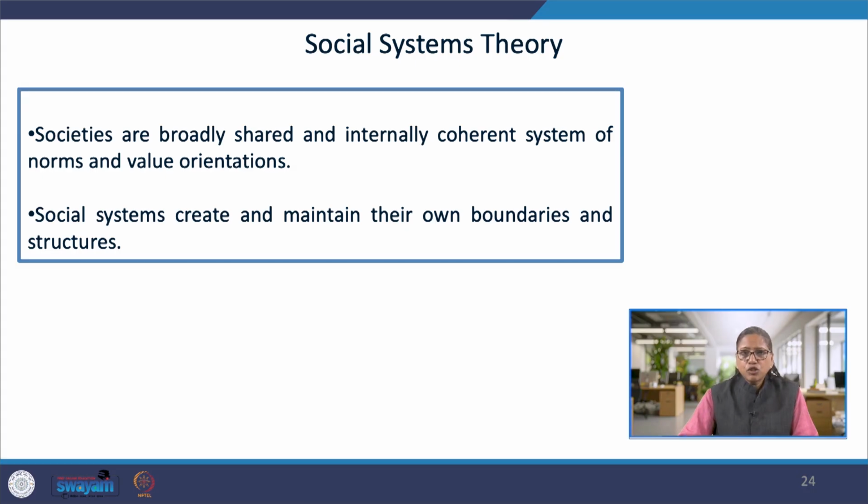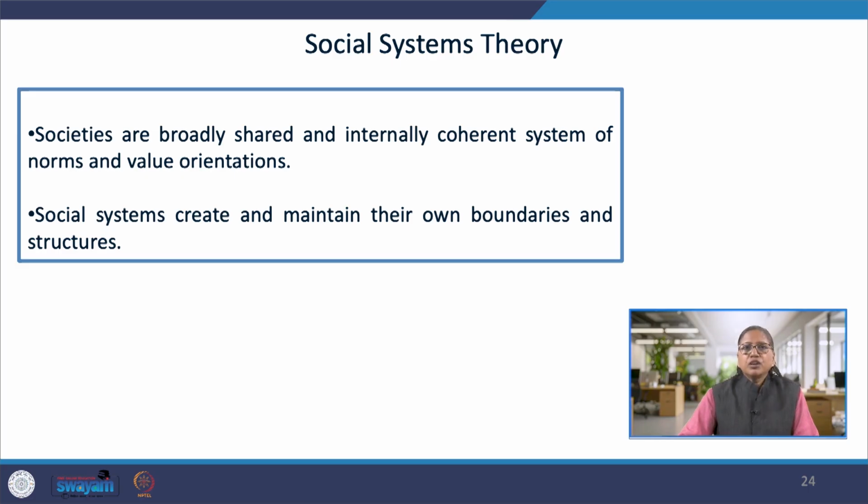It emphasized cooperation. Further, Niklas Luhmann, 1927 to 1998: social systems create and maintain their own boundaries and structures, operating with their own logic and communication patterns.